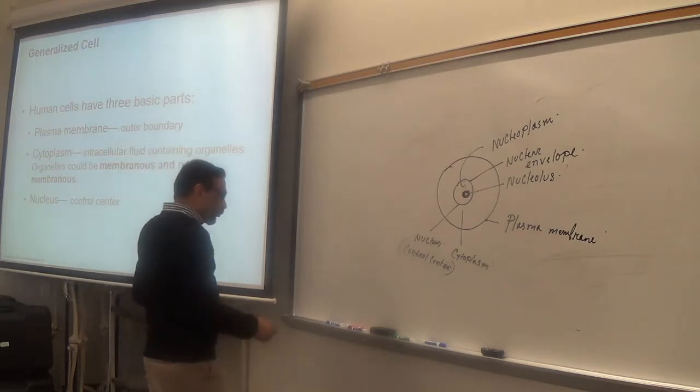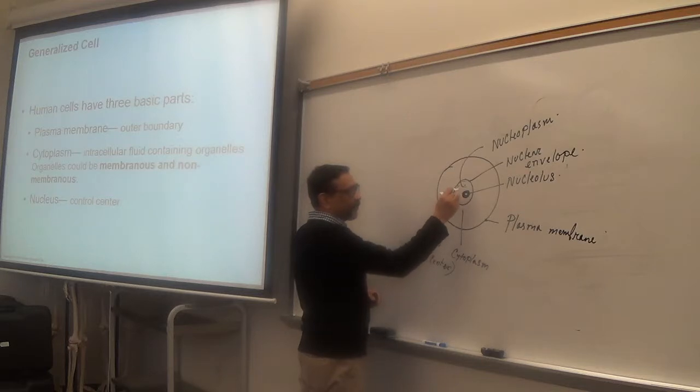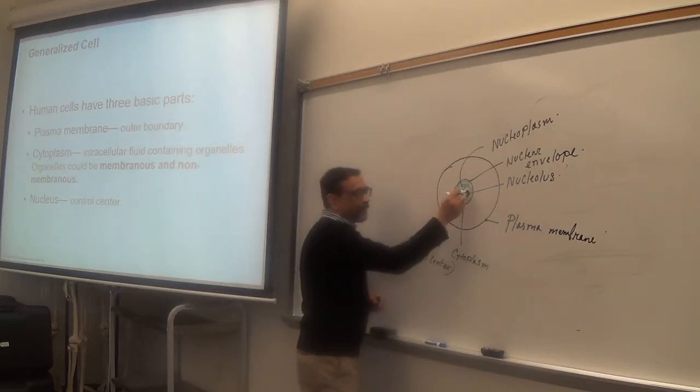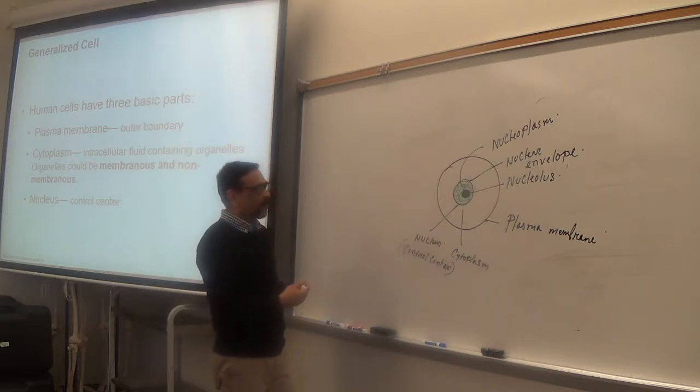Now, in the nucleoplasm and nucleolus, you have chromatins. Chromatins, those are thread-like structures, contain DNA. And inside the nucleolus, the chromatins are more densely packed. That's why that area looks dense, okay?